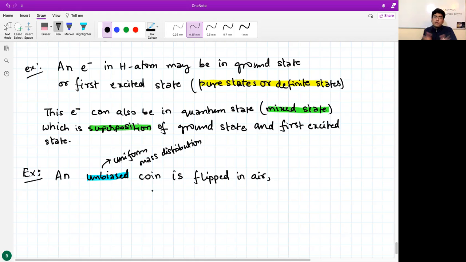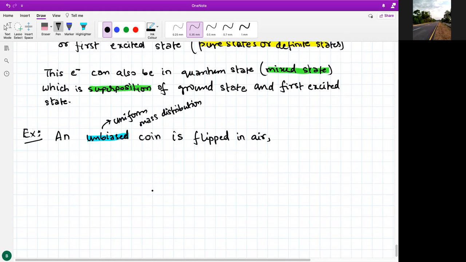Classically, you can answer what the state of the coin is at a particular time. So you are using a classical example, but it gives you a visual picture, which is not exactly true, but you get a feel of what quantum mechanics does. That is why I'm using this example.